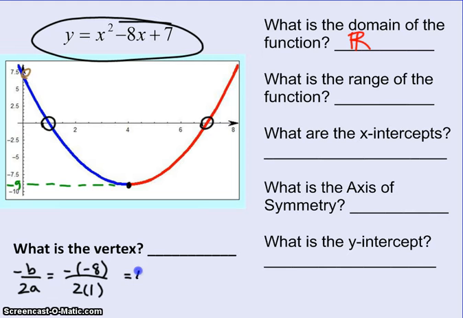So the x value of my vertex is 4. Well, what is y? All I have to do to find the y coordinate of the vertex is to plug in 4 for x. So 4 squared minus 8 times 4 plus 7 will give me negative 9.